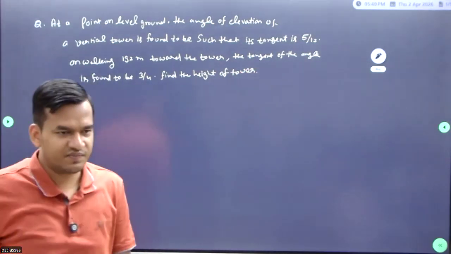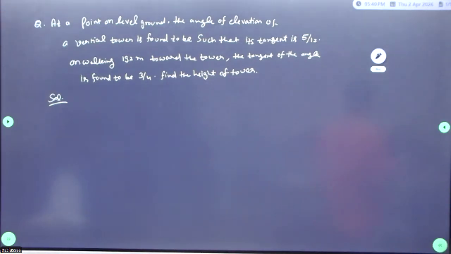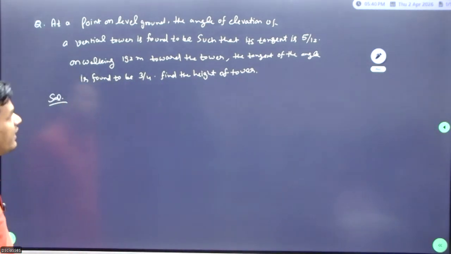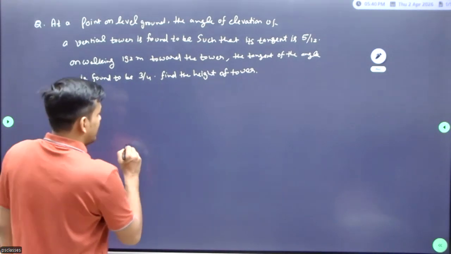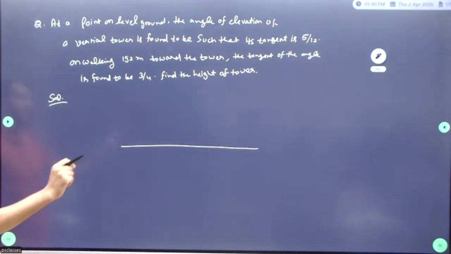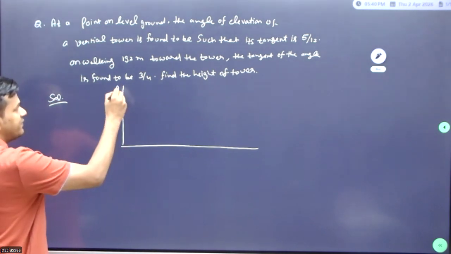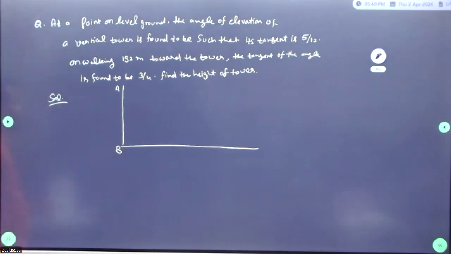Tangent means tan theta. Tangent of angle meaning tan theta. So in the first case, the value of tan theta is 5/12, and in the second case, the value of tan theta is 3/4. So make the figure of this. This is the level ground, and a vertical tower is there. Let's say AB is a vertical tower.